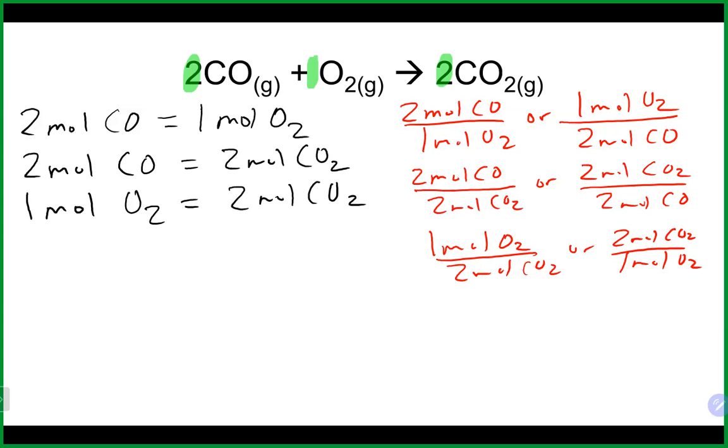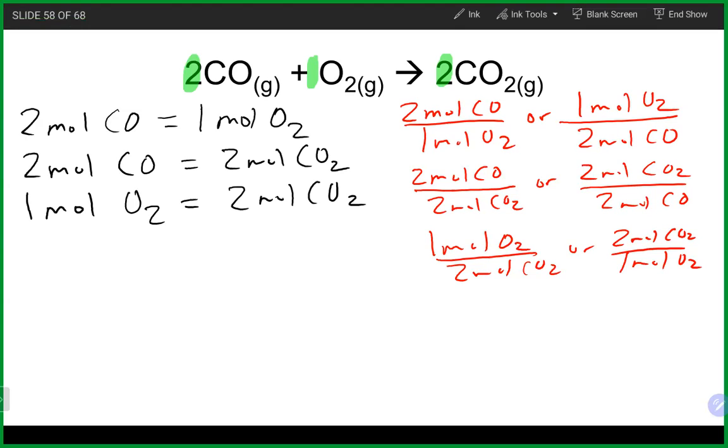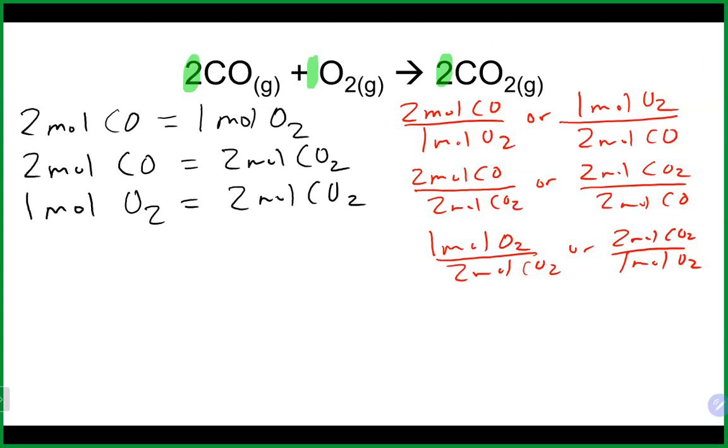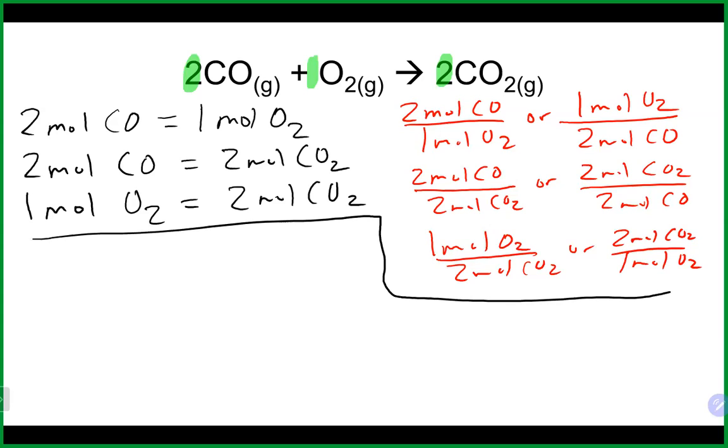So for example, we'll use this equation since we have it up here as an example. Let us say that we produced 10.5 grams of CO2.